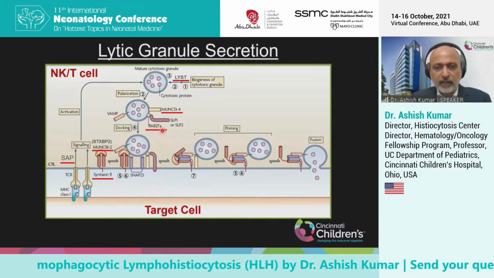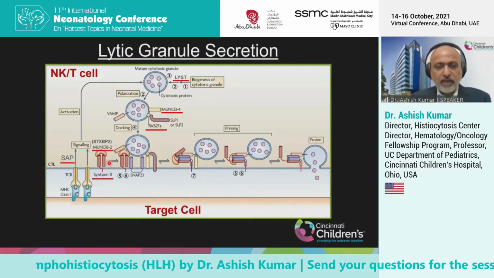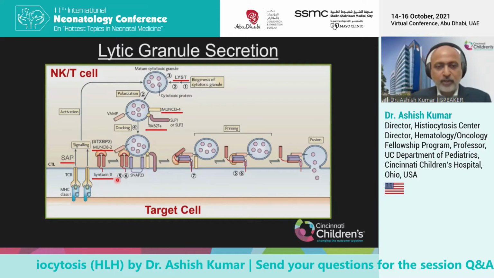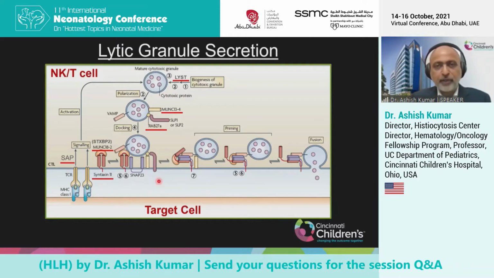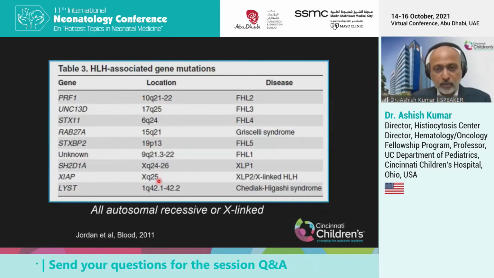And I have underlined in red all the proteins that we now know have been found deficient in children with HLH. And this is important because the majority of these genes, the genetic defects, are autosomal recessive.